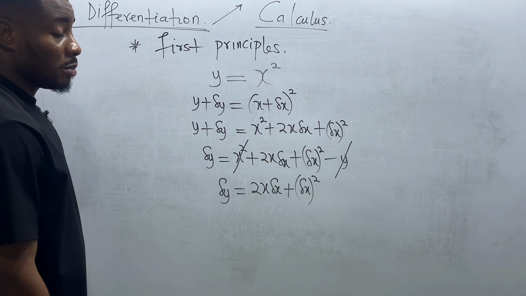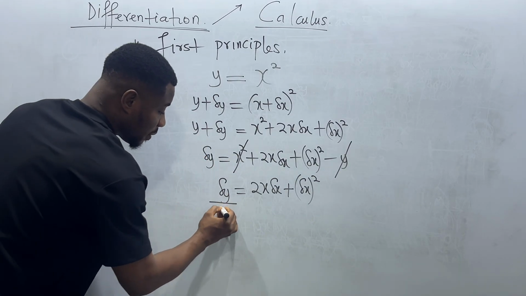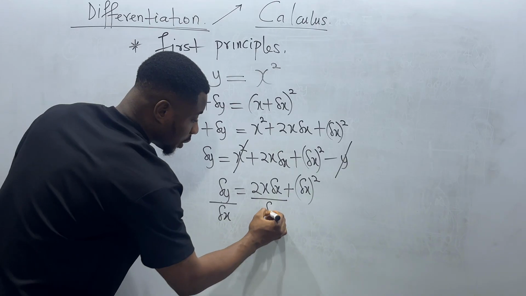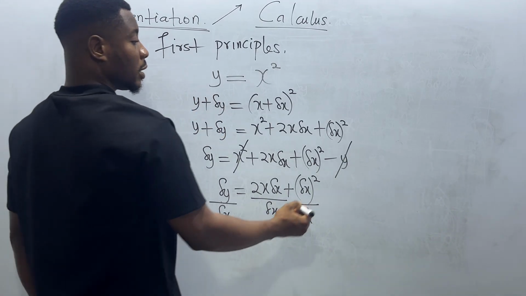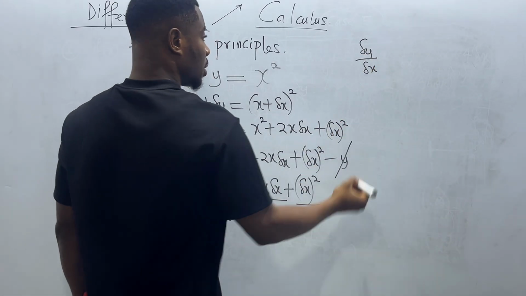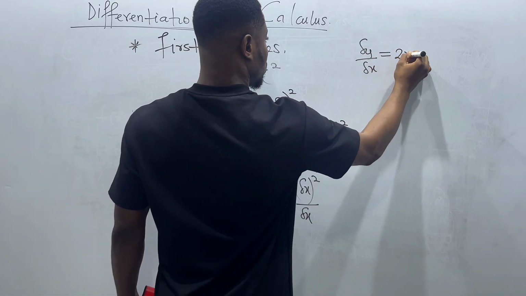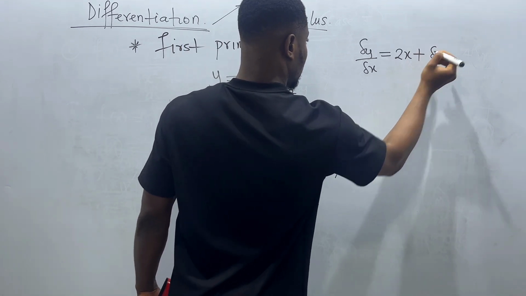At this point, I'm going to divide throughout the equation by change in x. If I do that, I'm going to have change in y over change in x is equal to 2x plus change in x.